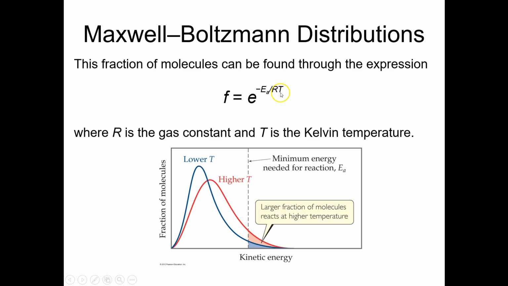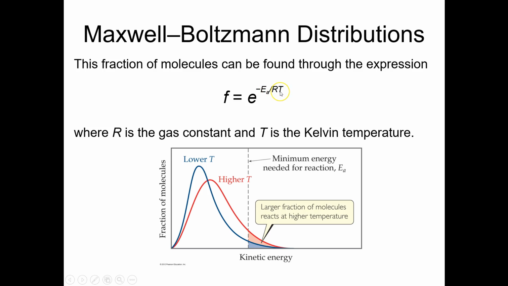And so when temperature goes up, because it is in the denominator of this exponent, that's going to make the exponent smaller. A higher temperature will make this whole term of a lower magnitude. Because it's negative, that means it's going to give me a larger fraction.